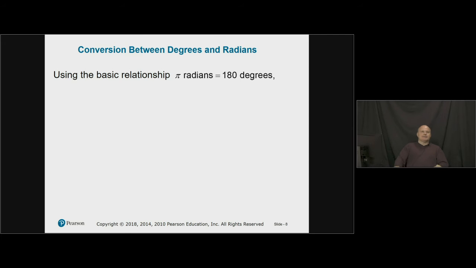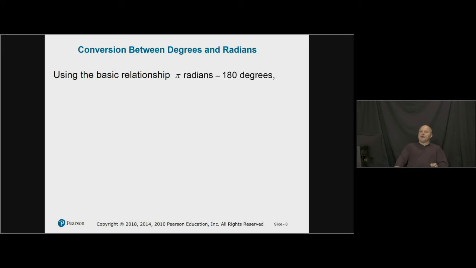And here it is. If we want to convert between degrees and radians, we use the basic relationship that pi radians is 180 degrees. Now you're wondering, how do you know that? Well, 1 radian, remember, is around 57 degrees. 2 radians is about 114. 3 radians is about 171-ish degrees.